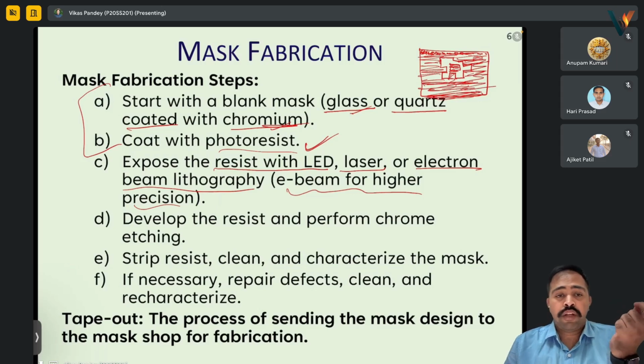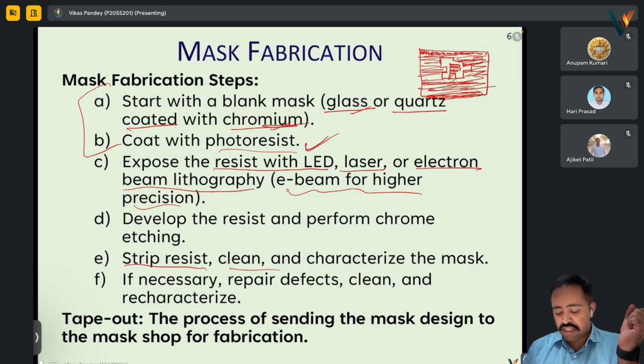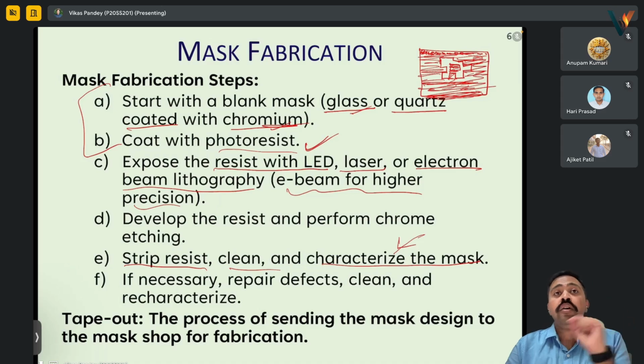Then we develop the resist and perform the chrome etching, very similar to what we do in normal photolithography. Then we strip the resist, clean, and characterize the mask. How do we characterize? We check it in a microscope, and we check the thickness and uniformity, whether everything is fine or not.